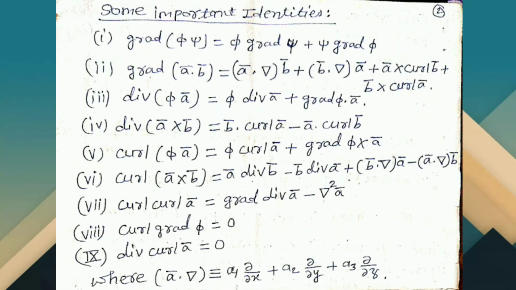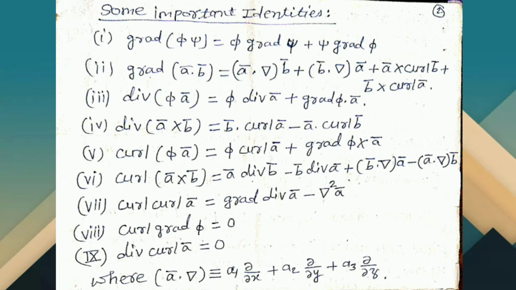So we'll see these important identities. Number one, gradient of phi psi is equal to phi gradient psi plus psi gradient phi.